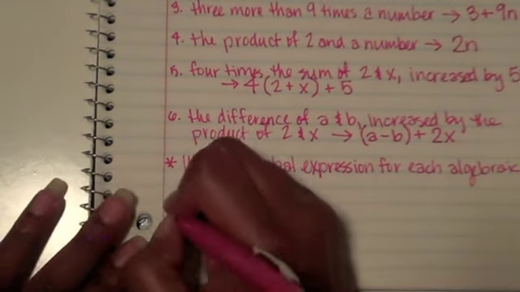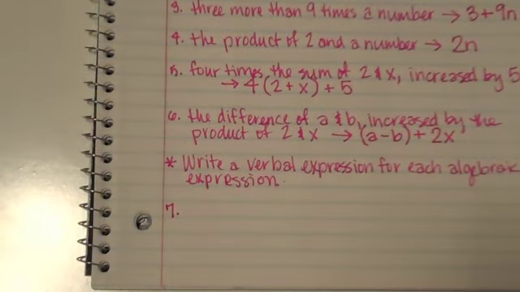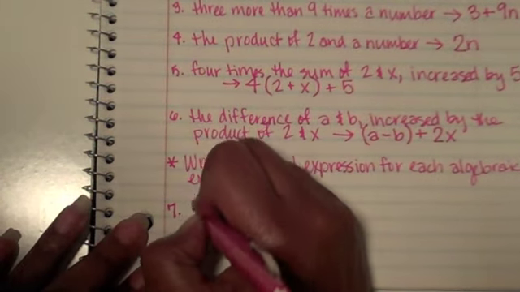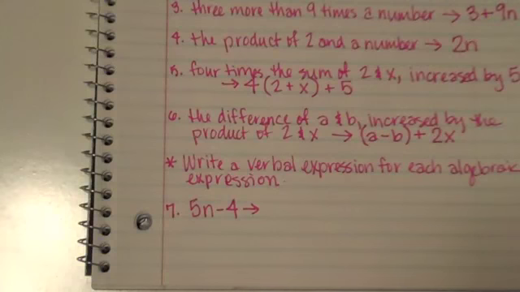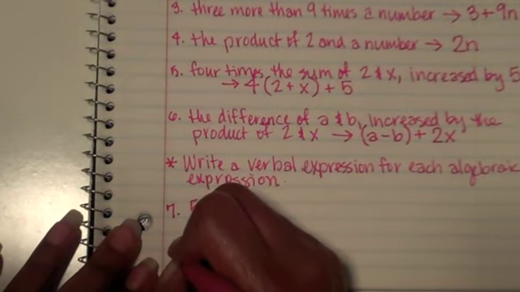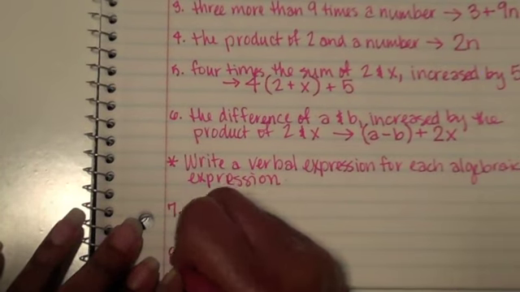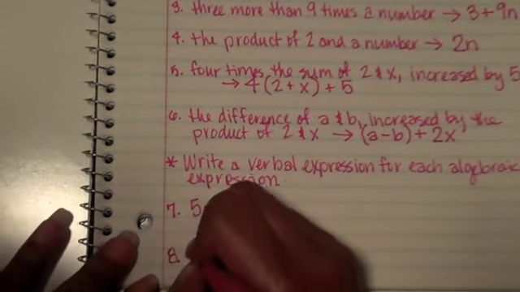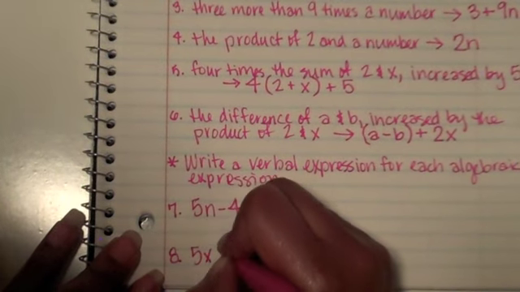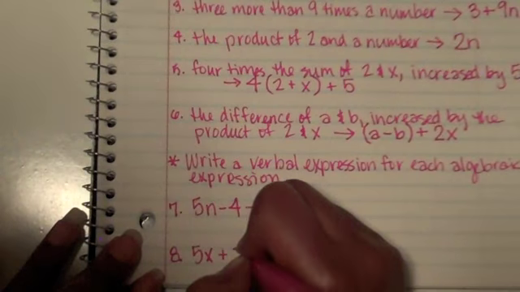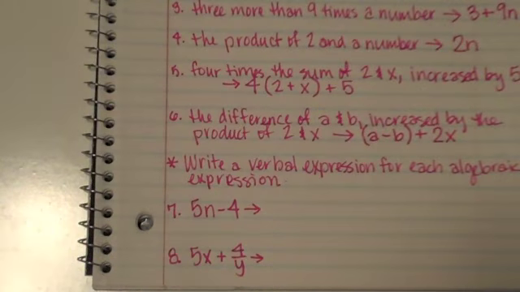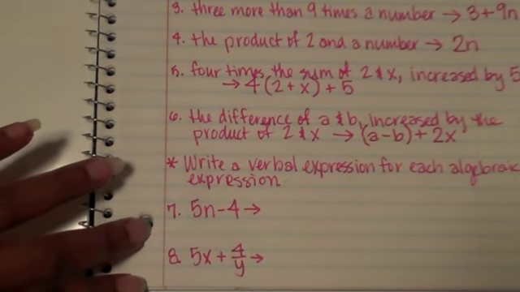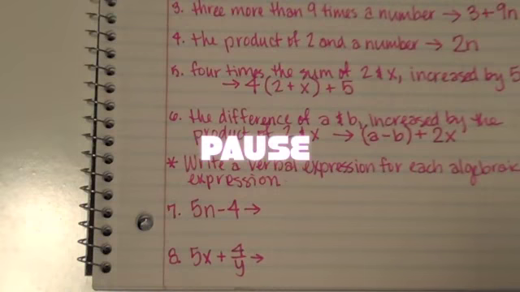So I'll go ahead and write those here. For number 7, I want you to try 5n minus 4. I want you to come up with a verbal expression. And then for number 8, I want you to try 5x plus 4 divided by y. Alright, so you can pause here while you take a chance and find the verbal expression to match those two algebraic expressions.